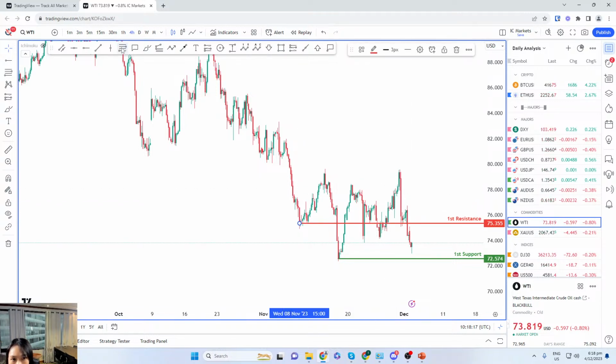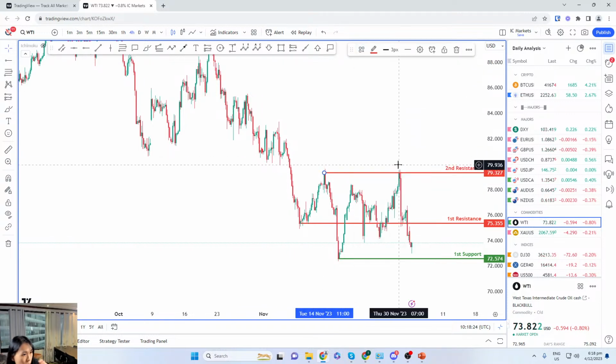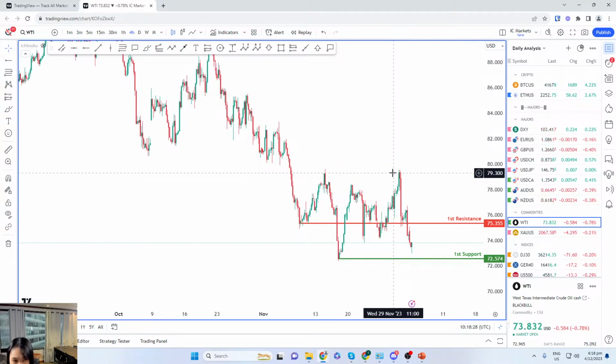Okay, and this can be my second resistance level. Okay, I'm just gonna leave it first.